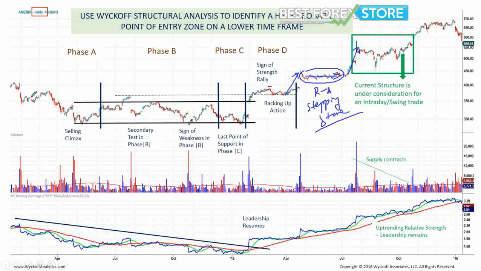Distribution would be something like, for instance, this redistribution right here, a smaller redistribution where the price went down and then consolidated and resumed its course to the downside. And distribution would be price going up and then consolidating and then reversing to the downside.